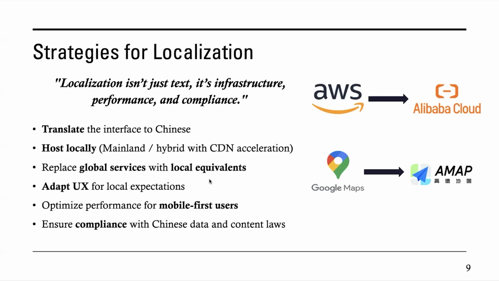The first point is you need to translate everything into Chinese. This point wasn't there until yesterday. I literally added it yesterday because I was in Beijing as part of the German delegation, trying to promote how to deploy your stuff in China. One of the questions asked was, I don't have my app translated into Chinese, do I need to?